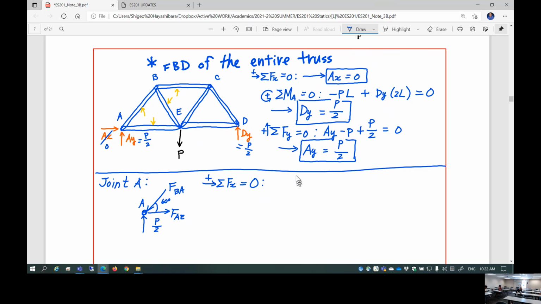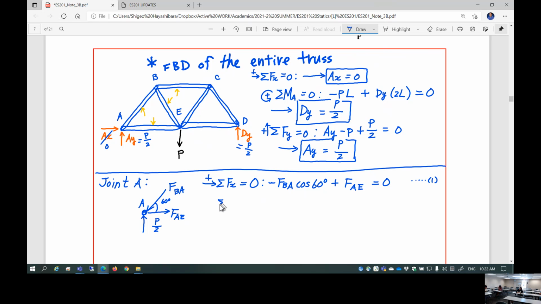That's right. So negative of FBA cosine of 60 plus FAE is equal to 0. Well, this is one equation with two unknowns. I don't like it, but let's keep it as it is. This is equation 1 I got.